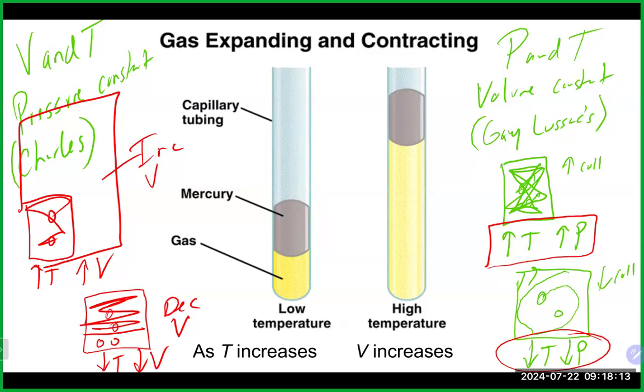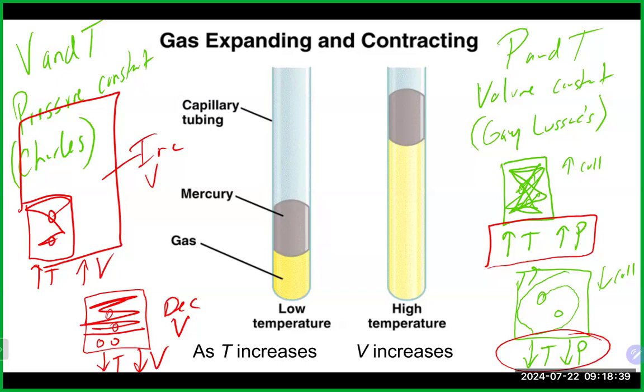So you've got a movable piston type thing. It goes up and down. You can change the volume of a particular container. We don't get that in the Lussac situation because the volume is fixed, and thus it will not adjust, and we do see the pressure go up or down when the temperature changes. So in Charles' law, as the temperature goes up, the volume goes up, and as temperature goes down, the volume goes down.